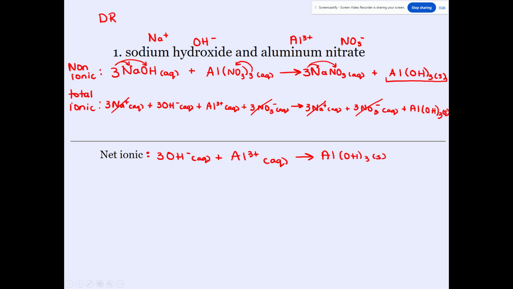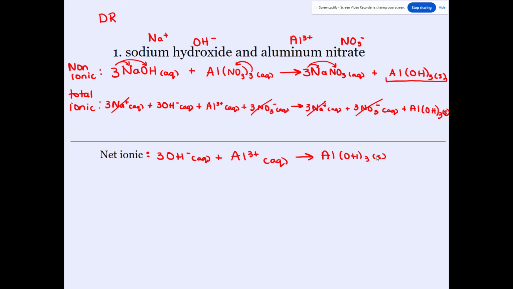Okay? So that is very similar to the first example that we did, where I am doing a double replacement reaction, and we are producing a precipitate. Okay? So the first ions that were soluble are joining together to make that solid product.